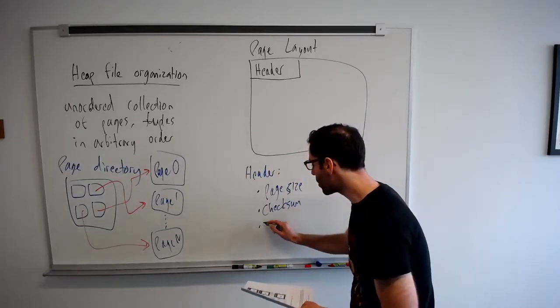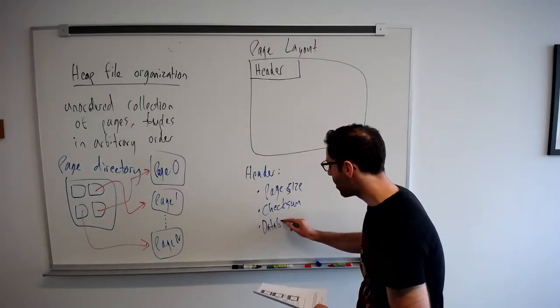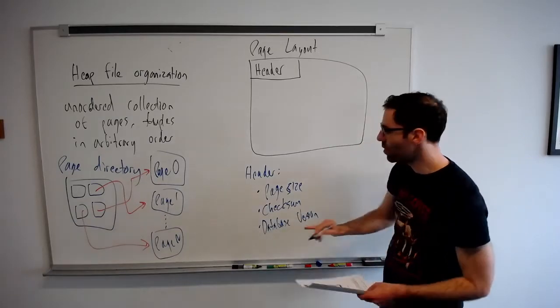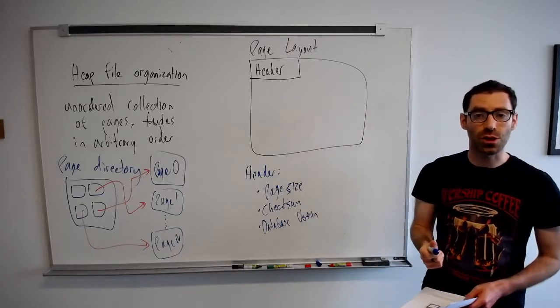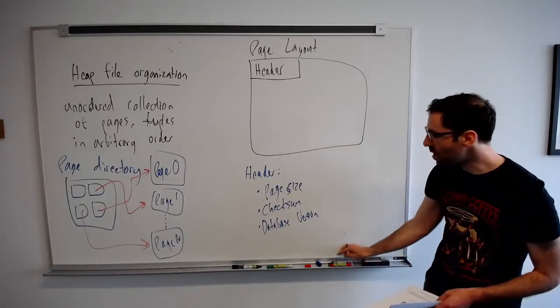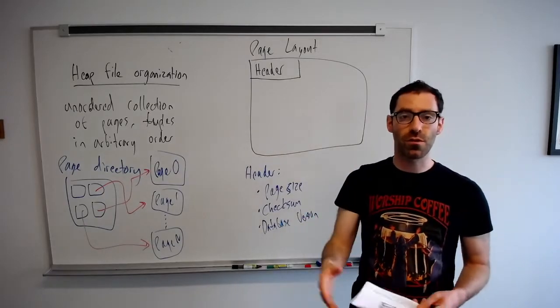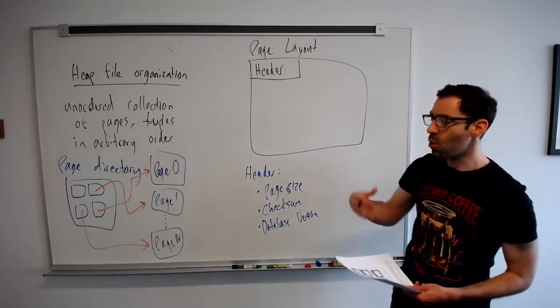Another important piece of information we're going to record in the header is the database version. This is because the internal structure of the database could be changed through different versions, like SQLite or Postgres.